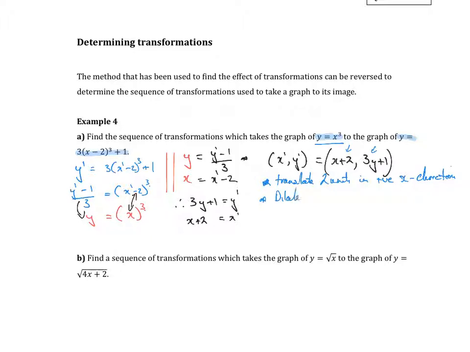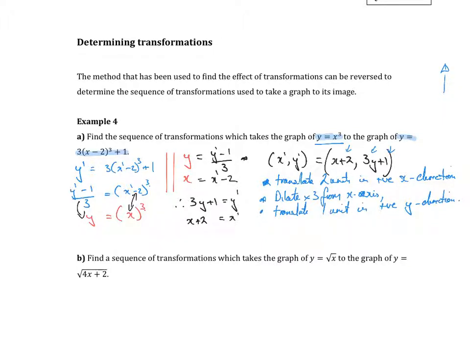So it's a dilate by 3. Now, if the y value gets multiplied by 3, I'm moving it from the x-axis. And a plus 1 is translate 1 unit in the positive y direction.